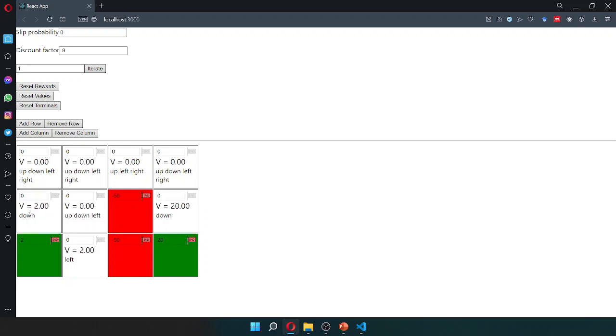Also, notice the policy at this state is down. This tells us that if you're in this state, it is best if you go down. Also, if our agent is in this state, it is best if it goes left. However, here the actions are either up, down, or left.